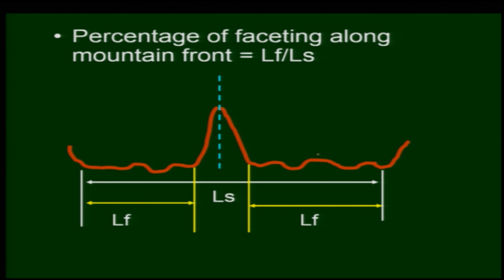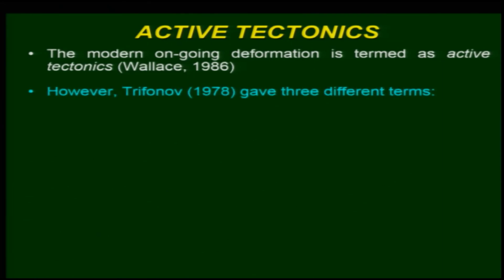eroded fronts. Now, active tectonics and river morphology. This is again the part we were talking about, how best the drainages can tell us about subsurface features as well as the influence of tectonic activity. Active tectonics is the modern ongoing deformation. However, Trifonov gave three different terms.